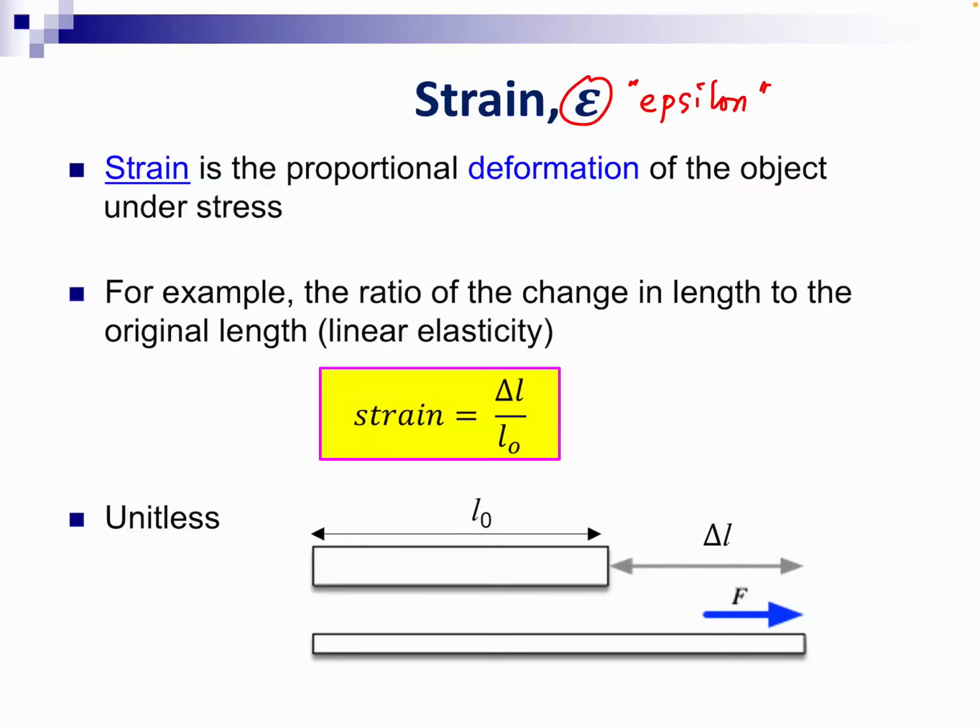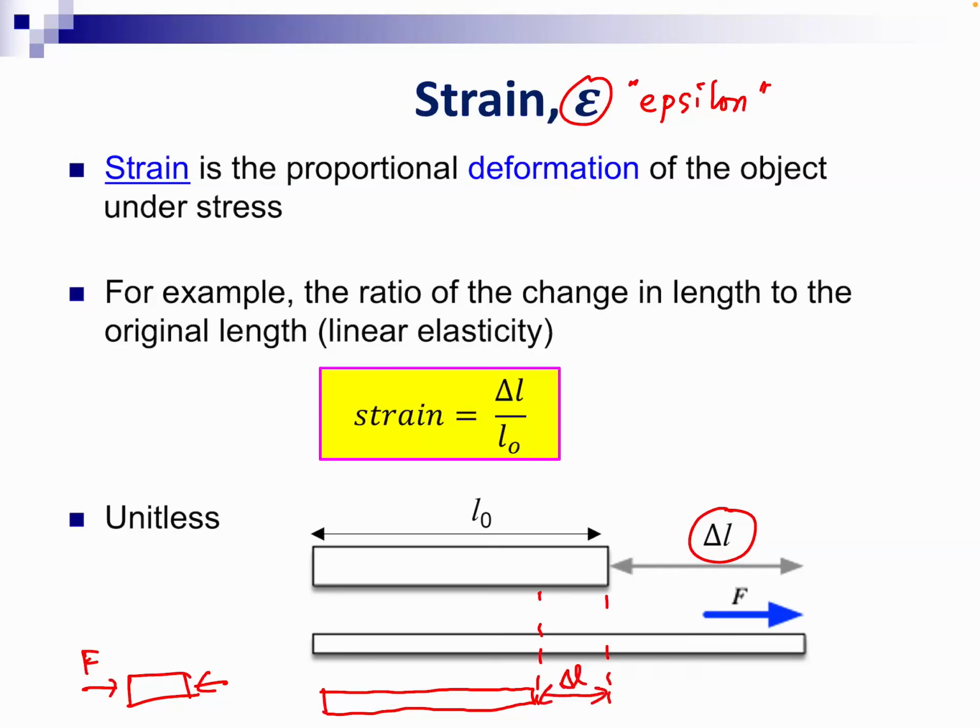If you're applying tensile stress, meaning stretching, you're stretching this object here, you're applying this tensile force, then you'll have a corresponding elongation delta L. Of course, when you are compressing the object like so, your resulting object will be smaller compared to your original length, in which case you measure delta L as how much your object compressed.